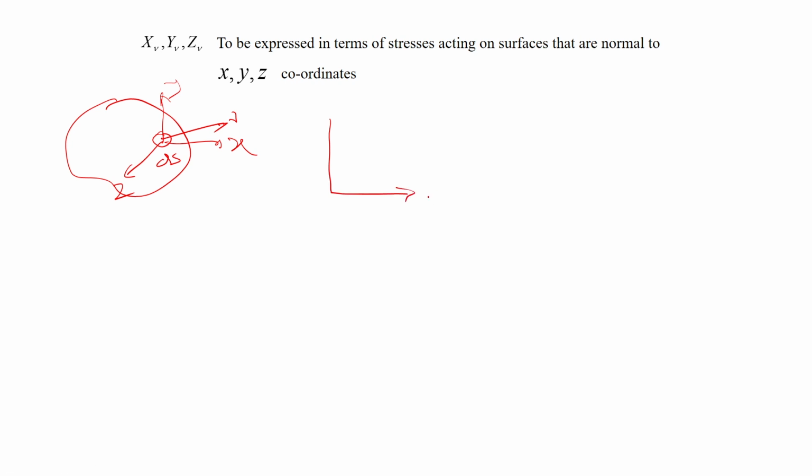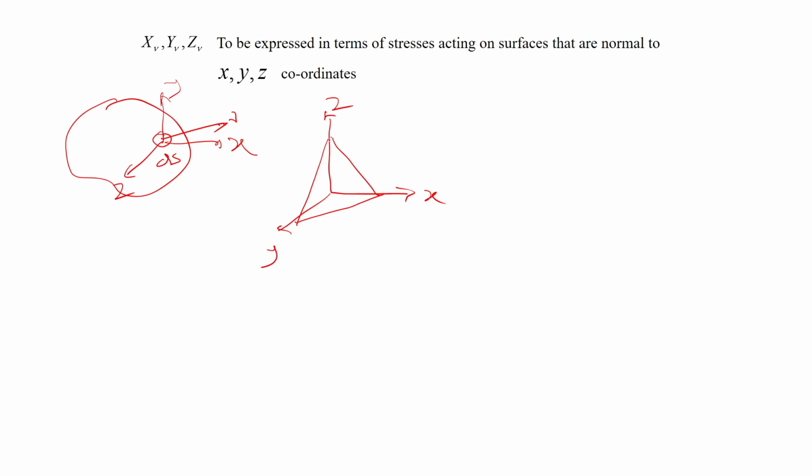Basically, what it means is, let us say this is x and this is y and this is z. We can think of a tetrahedron, something like this.